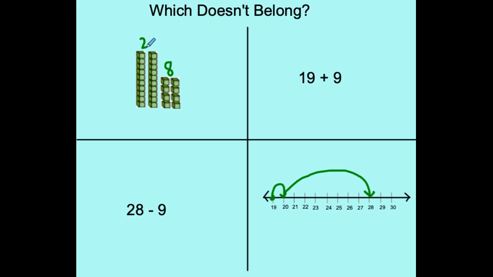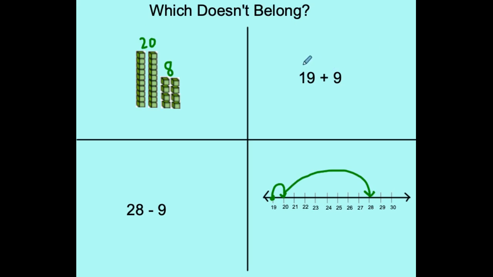So it's showing the number 28. So maybe you're saying that one doesn't belong because it's only showing 28 using base 10s. Or maybe you're saying this one doesn't belong because they're not adding or subtracting onto it. It's just showing a number. Did anybody say that? Wave at me if you did.